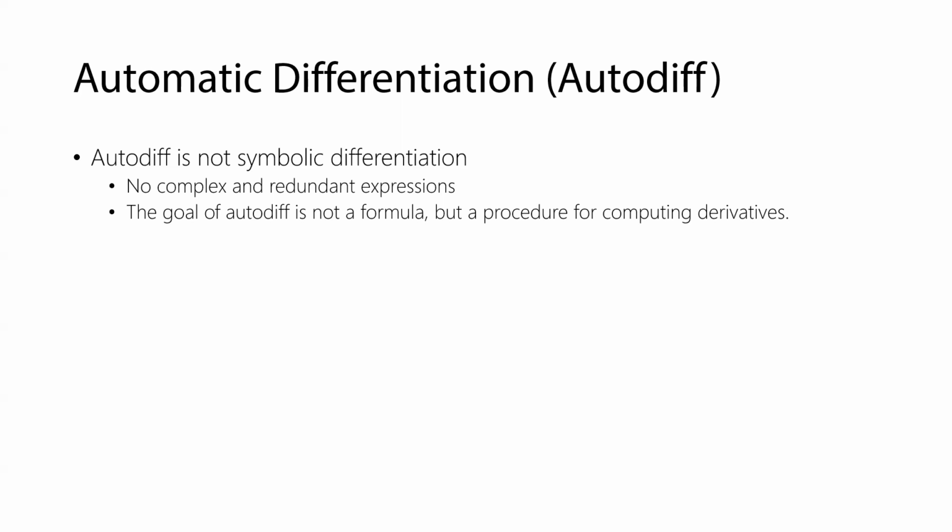And AutoDiff is not symbolic differentiation. Although using AutoDiff, you can calculate symbolic differentiation. So that's kind of a neat thing. So with that being said, the goal of auto differentiation is not to come up with a formula, right, for the differentiation, but to construct a procedural graph for computing derivatives.